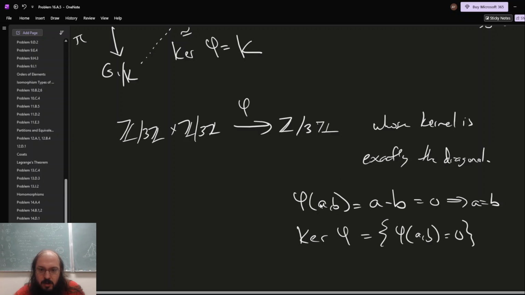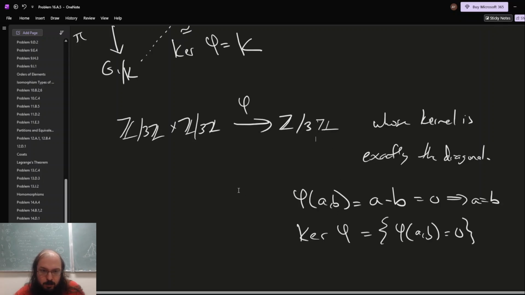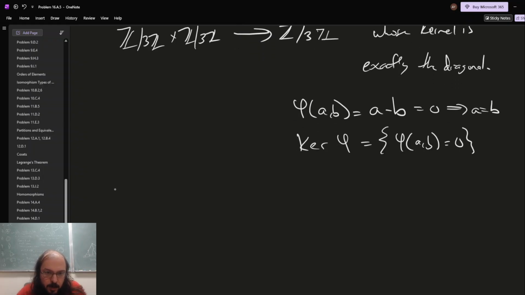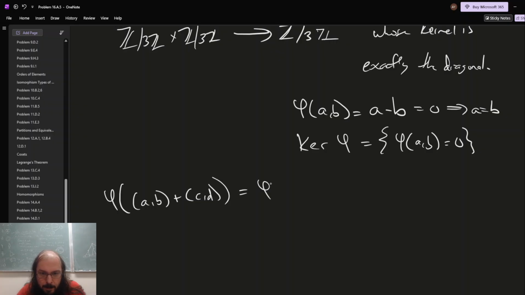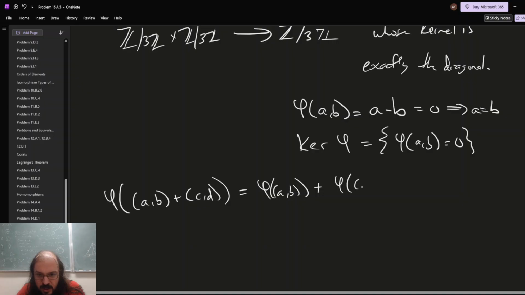So what I have to do now is check that this is actually a homomorphism. So what would that entail? I would need phi of (A, B) plus (C, D) to be phi of (A, B) plus phi of (C, D). One remark is I'm going to immediately stop writing the extra parentheses. Here I didn't do it.